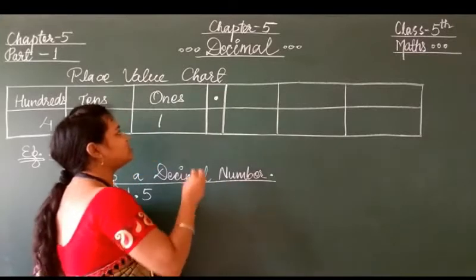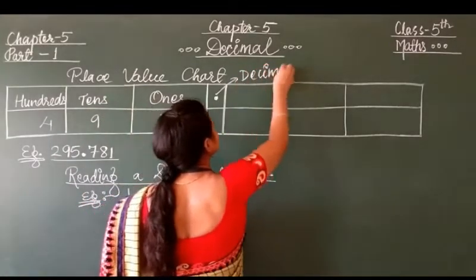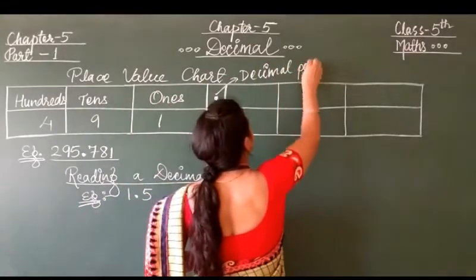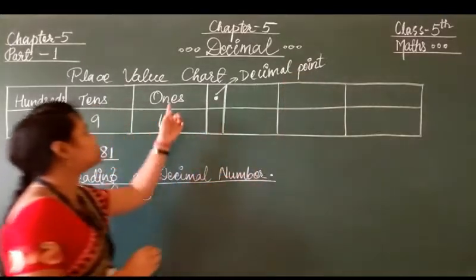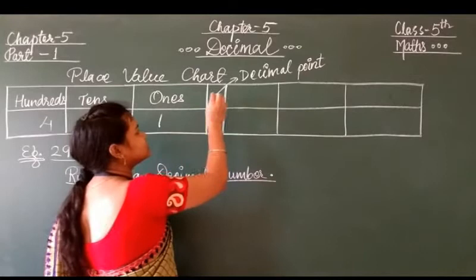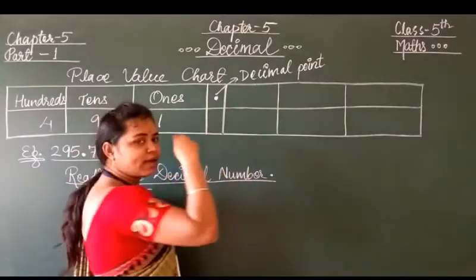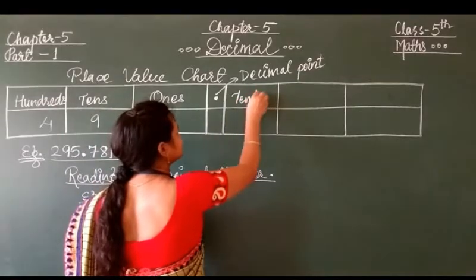Before the decimal point, you know very well ones, tens and hundreds are there. But after the decimal point, we take the place known as tenths.